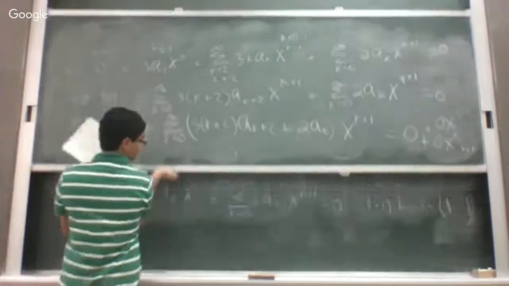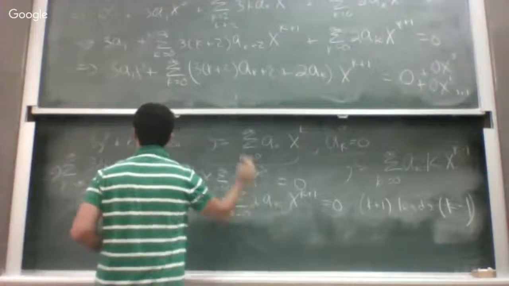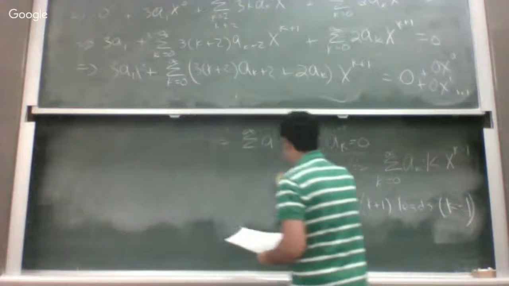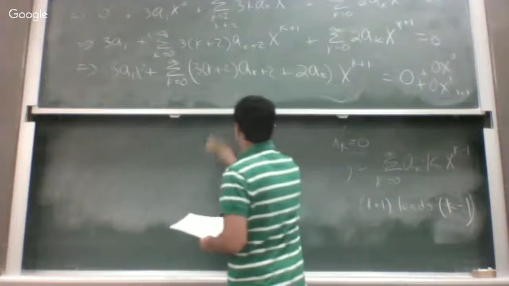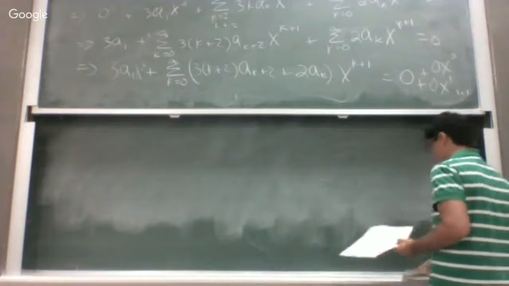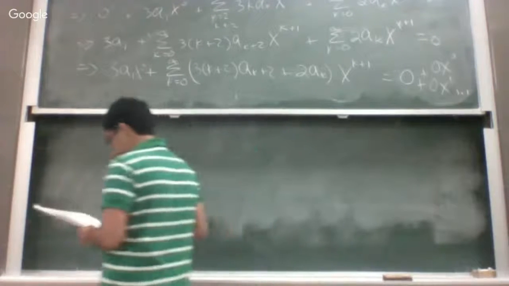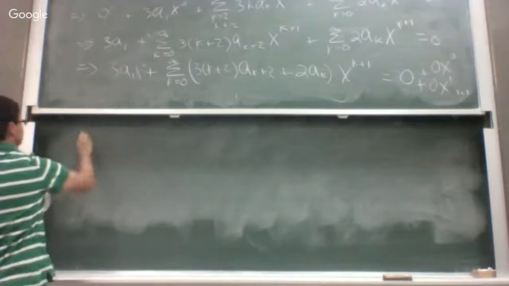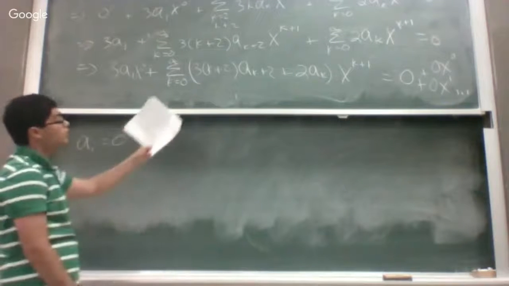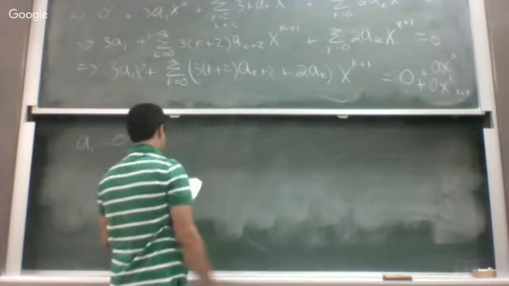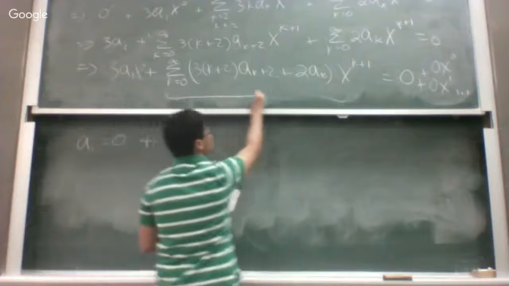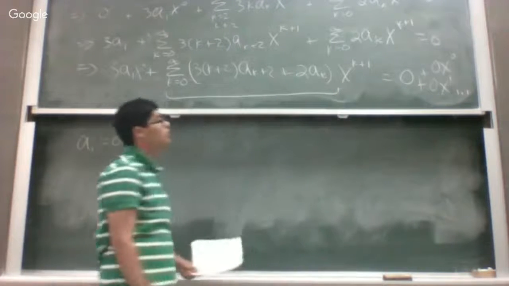And that helps us simplify. So then, looking at that, we know our a sub 1 is equal to 0, and this quantity from here to here is equal to 0.